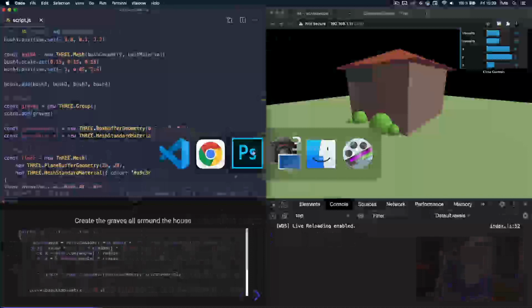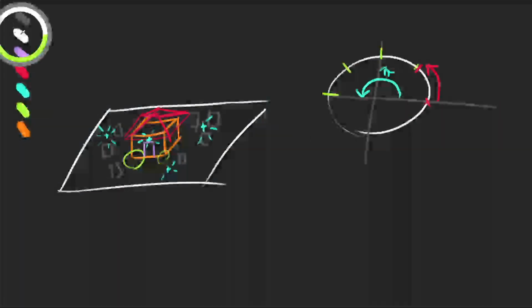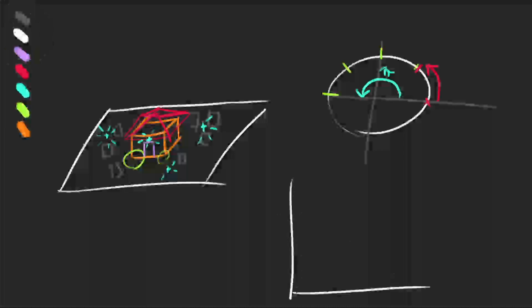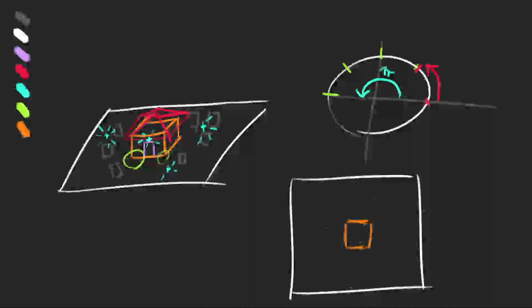So let's draw. It's almost the same thing as this drawing. This is our scene from the top. So we have our house here. And this is our floor. We want our graves to be positioned all around. We want them like here, like here, like here. I'm going to draw a few more.